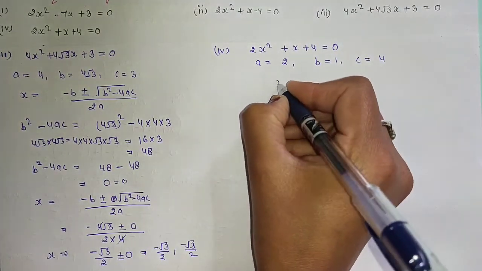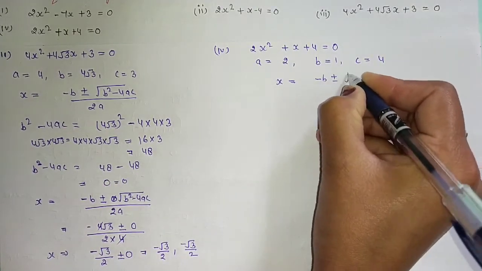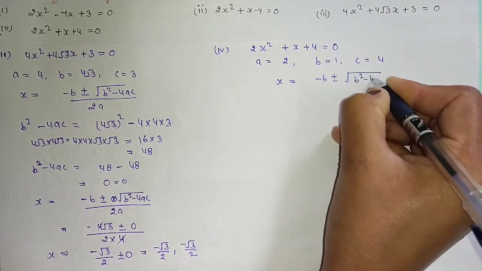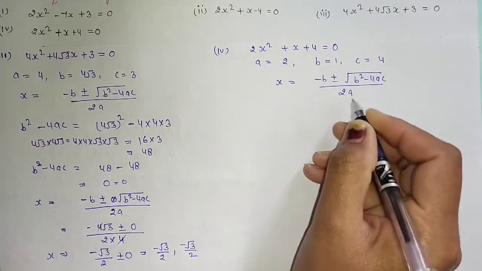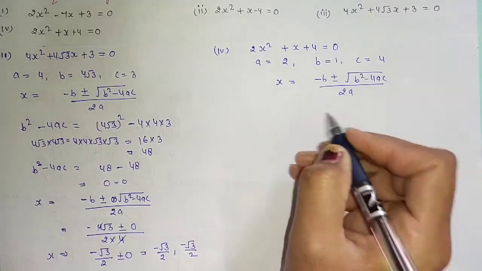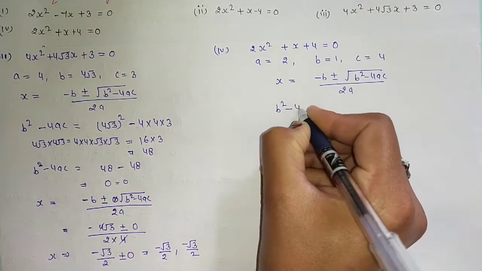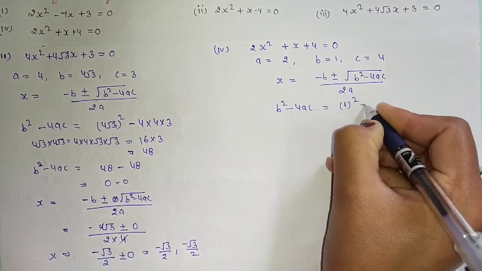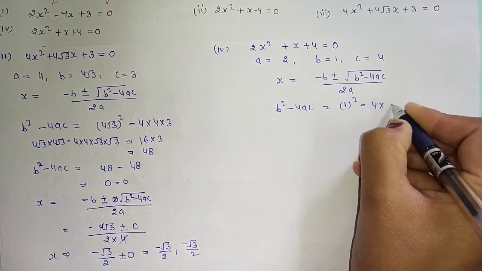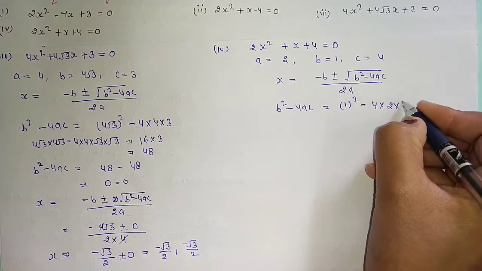And we know that the quadratic formula is x equal to minus b plus minus root of b squared minus 4ac upon 2a. First we find the value of b squared minus 4ac. b is 1, 1 squared minus 4, a is 2, and c is also 4.